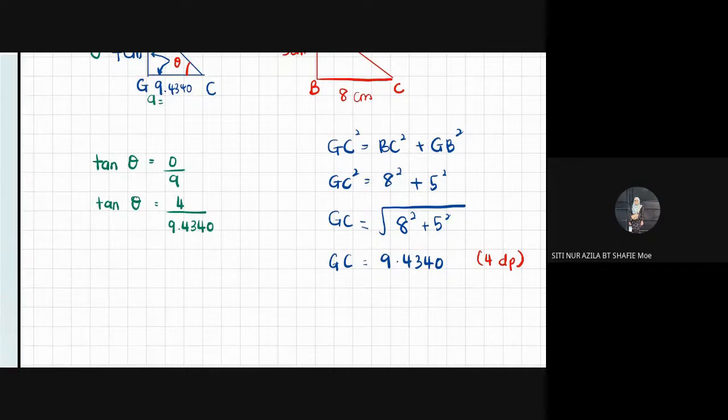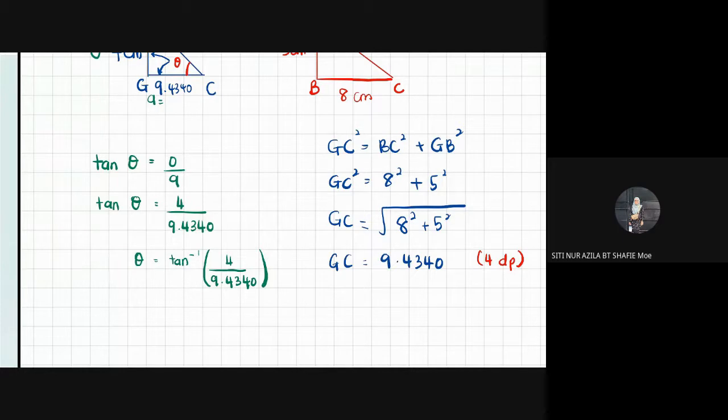Since we want to solve this for theta, then you are going to bring tan to your right hand side. It will be tan negative 1, 4 over 9.4340. Close your bracket. Okay, now, please, you already know how to use your calculator to solve this one. Please solve this one for me.